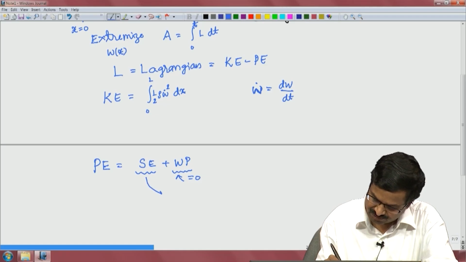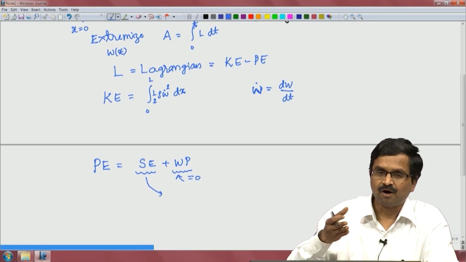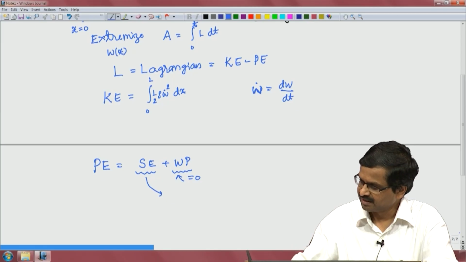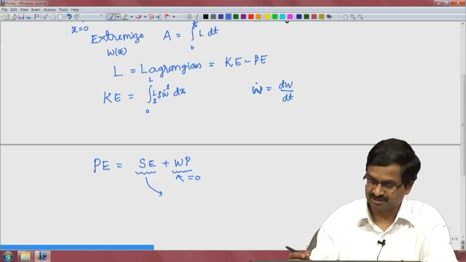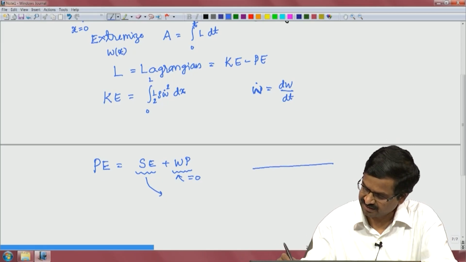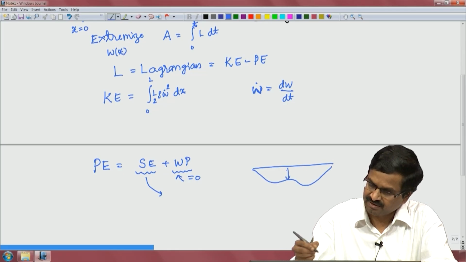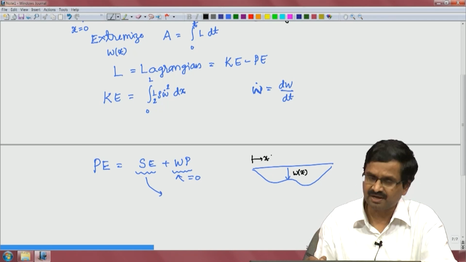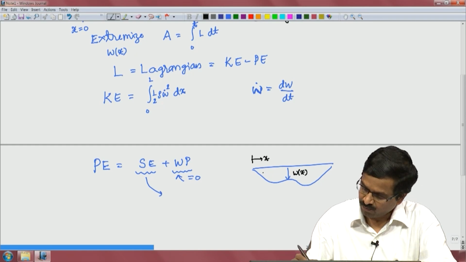For the internal force, we have the tension T, and how much it is stretching is what we need to put. So, when we have a string and it stretches in some manner, that is our W x everywhere, where x goes from 0 to L. What is this length?